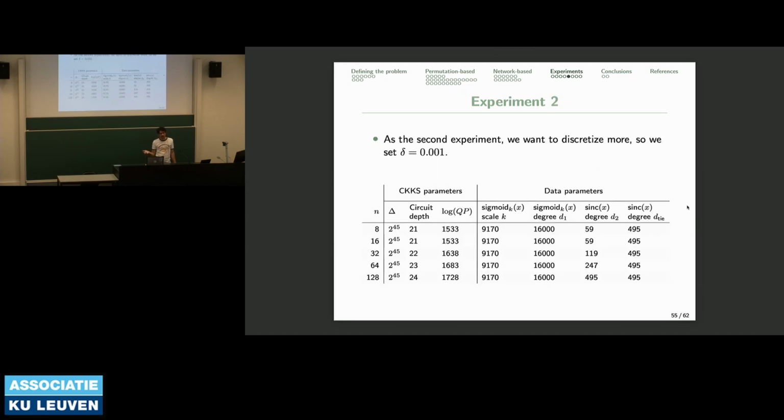As a second experiment, we want to increase this discretization, and we set delta equal to 0.001. Notice that now the numbers are becoming a little bit bigger. For example, the degree of the sigmoid goes to 16,000. But still, the circuit depth is fine. It's 24 in the worst case of 128 elements.